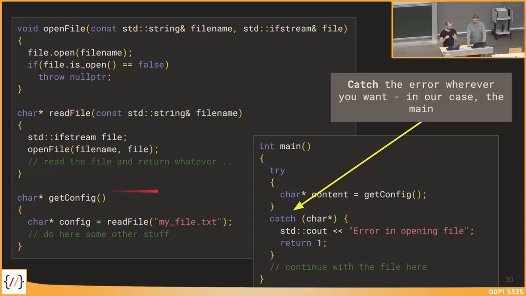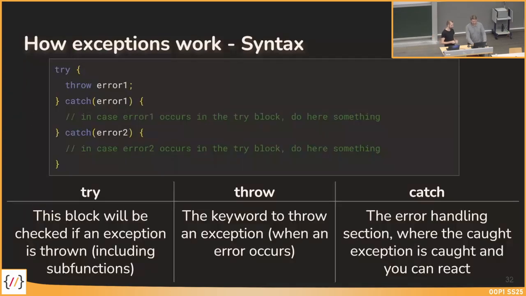This function will not end as usual with a return statement, but at this line where the throw happens, and there is no return statement. And it would only continue when you catch this exception. But let's move on to the next page, because we have a more detailed description of the different parts.